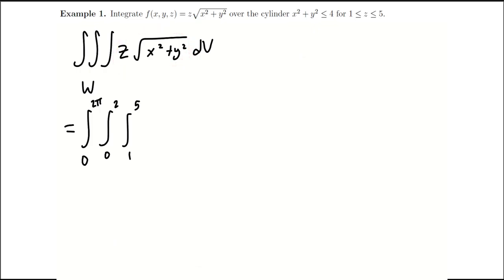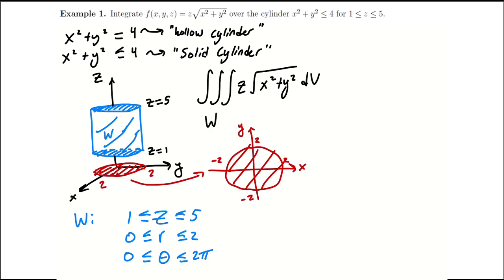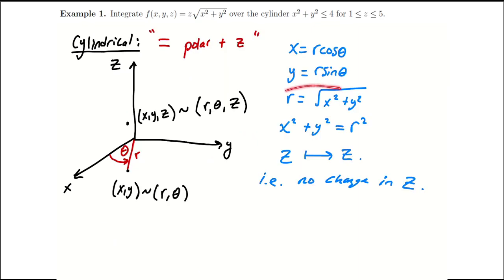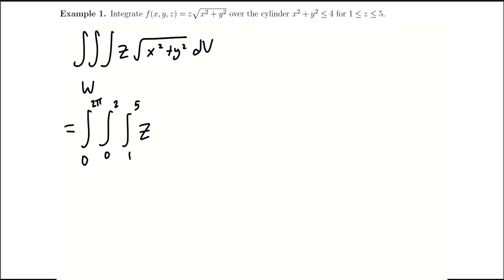In cylindrical, z stays z, so we keep that. And the square root of x squared plus y squared is just r. The inside turns into r squared, and the square root of it is plus or minus, but because r is a distance, we take the positive root. So this whole thing turns into z times r.